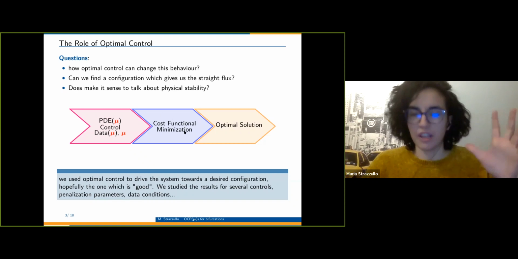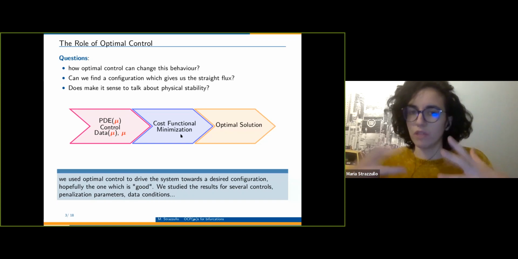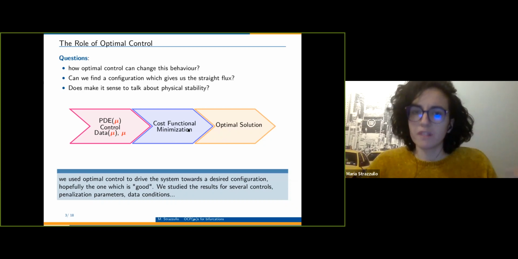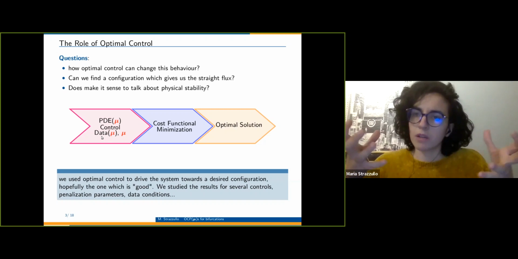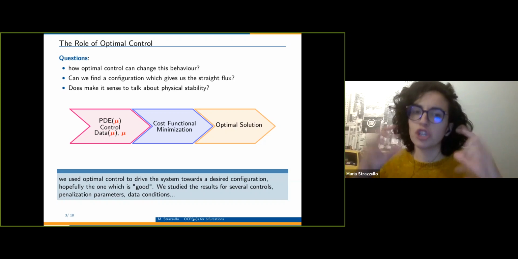I will be more detailed later, but now I only want to give you the flavor of that. You minimize this cost functional, and in the end, you eventually reach an optimal solution that is similar to the data that you have. So now, we want to use a data and an optimal control construction in order to reach the good behavior, the straight one.